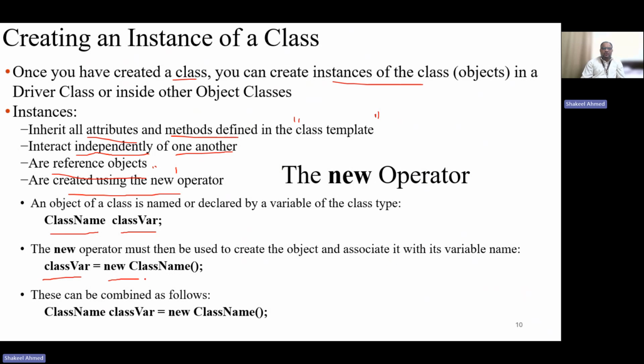So: class var is equal to new of class name, or you can do it directly in a single line: class name class var is equal to new of class name. Generally, you can declare a variable of that class type separately and then create an object associated with the new operator, or you can combine them into one line. Any one of those can be adopted.